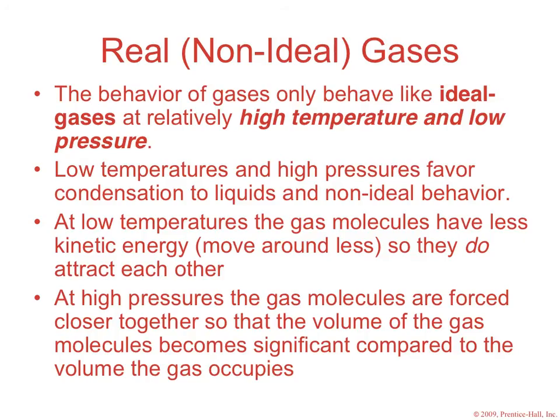And this is the final concept in the chapter on gases. We've talked throughout this chapter about ideal gases. Ideal gases are ones that follow the kinetic molecular theory. Ideal gases are gases that do not have any intermolecular attractions to each other.